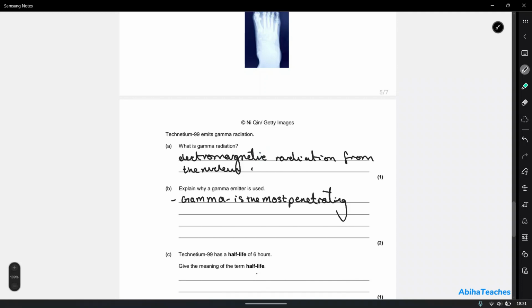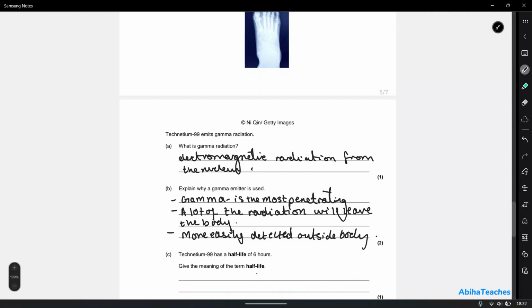Because gamma is the most penetrating, a lot of the radiation will leave the body. So, because more radiation leaves the body, this allows doctors and scientists to detect it outside the body.